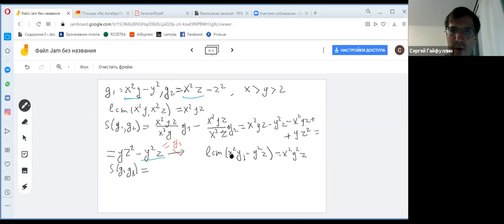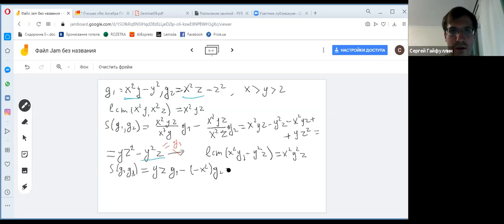When I divide it by x squared y, I obtain yz. So it is yz g1 minus, I divide this x squared y squared z by minus y squared z, and I obtain minus x squared. So here is minus x squared multiplied by g2.